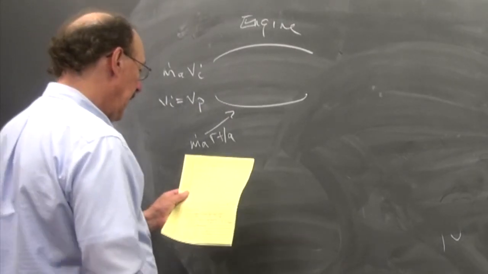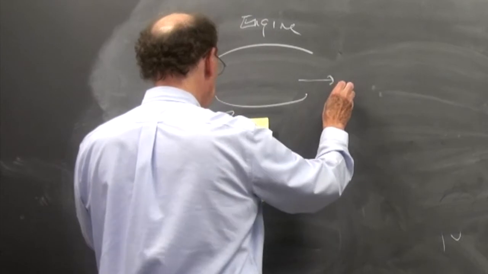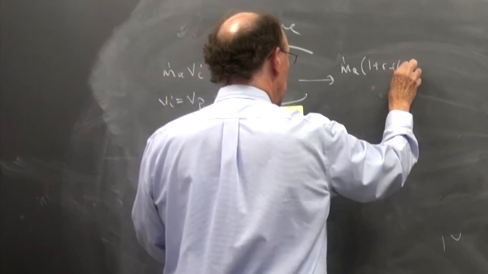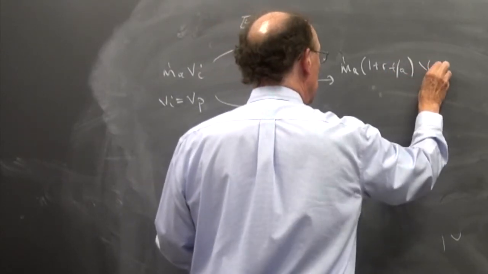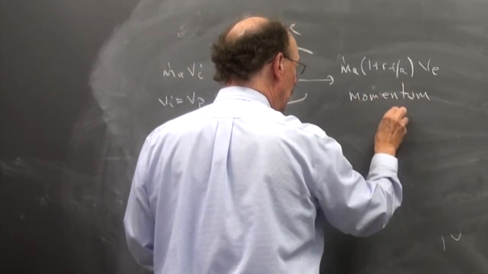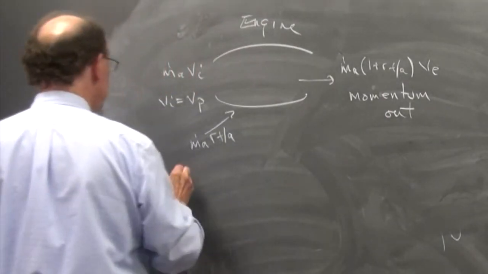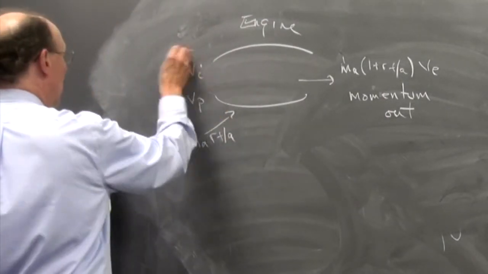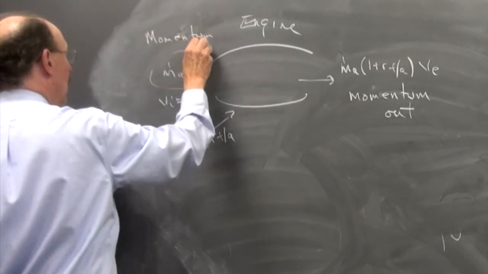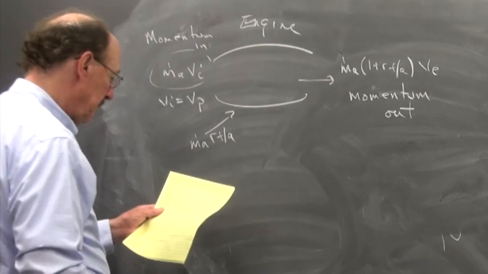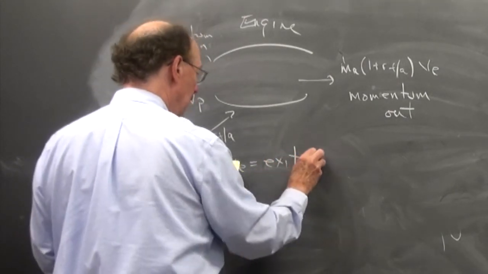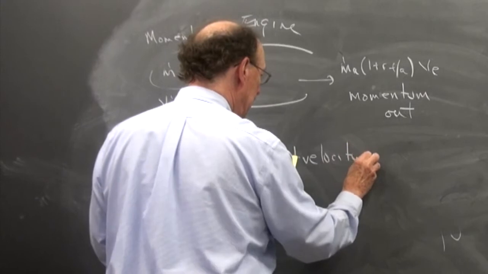I have the momentum leaving, so I have m dot A times (1 plus RFA) times VE. This is the momentum out, and this is the momentum in. And VE is equal to the exit velocity relative to the engine.